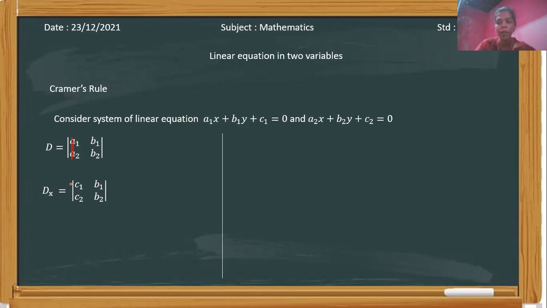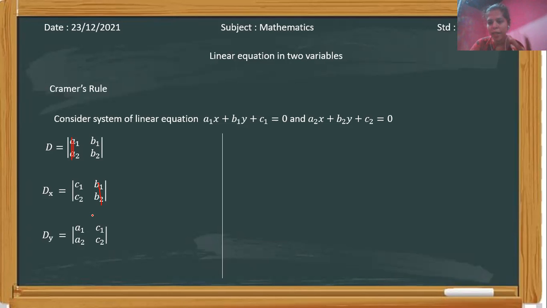We have to find the determinant of x, and the next one is the determinant of y. Similar to this, but in this case we are going to remove the y coefficients and place only the constants C1 and C2 in their place. You just have to remember it. The first step is to find the determinant of the coefficients where the constants are not included.